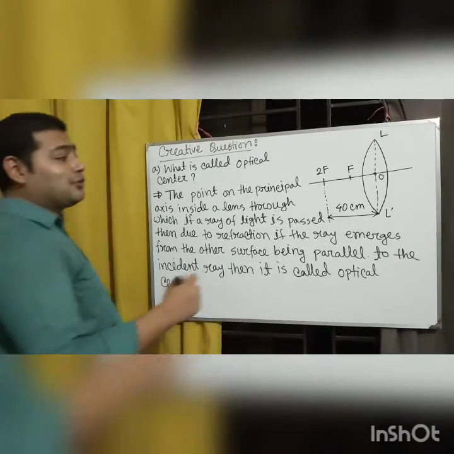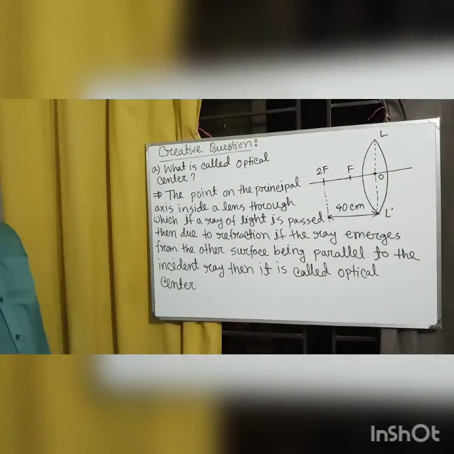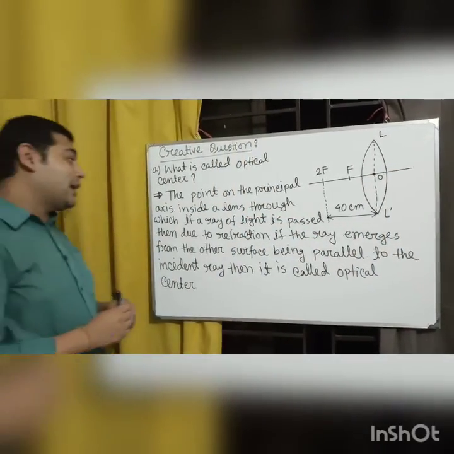Okay, so according to the figure, the point O is our optical center. I'm repeating again.